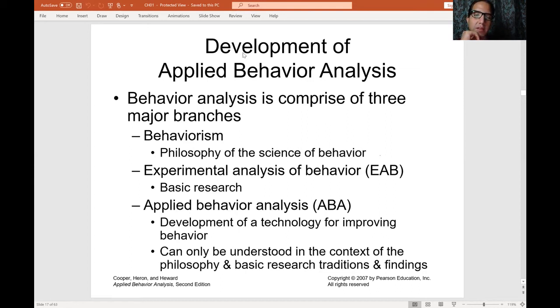And applied behavior analysis does research as well, but now the research is focused on socially significant behavior, and most of them are human beings. And we're uncovering complex human behavior, the variables there, and how can we use what we have learned to develop a technology to help them, right?